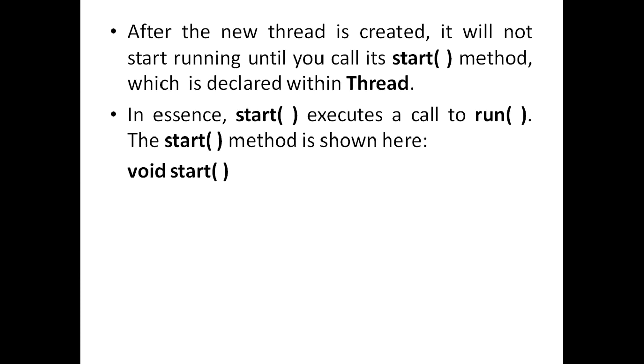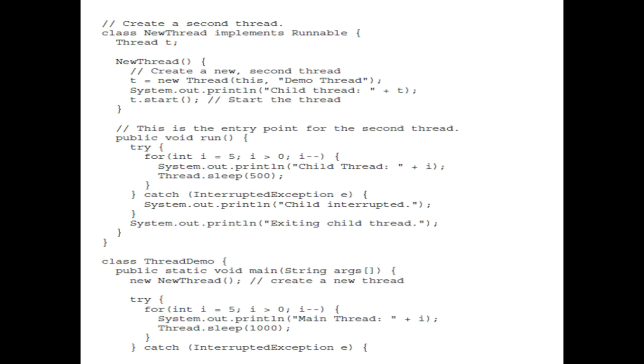After the new thread is created, remember, it will not start executing until you call the start method of the Thread class. In essence, start executes a call to run, and the syntax of start is void start. We'll see this by creating a program. We have created a class called NewThread, which implements the Runnable interface. In this, it takes one field of type Thread.